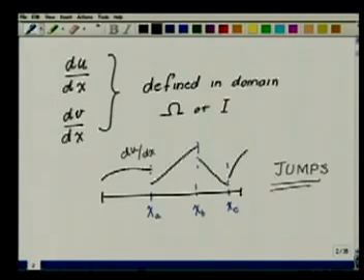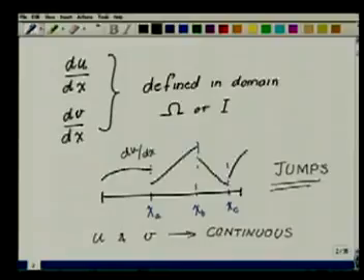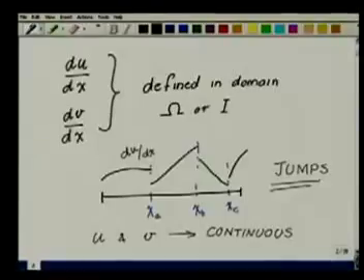That is the reason why we say that if the derivative has jumps at specific points, then u and v are continuous in the domain, in such a way that at certain points slopes change. So with this requirement, we ask, what are the functions that can be used in our series representation?